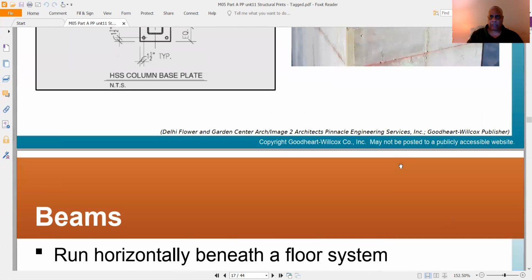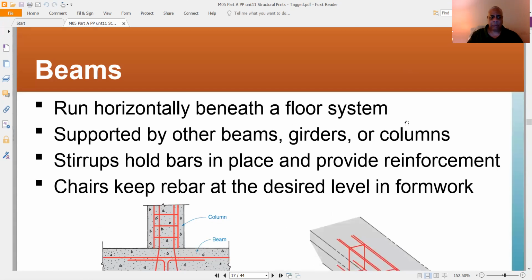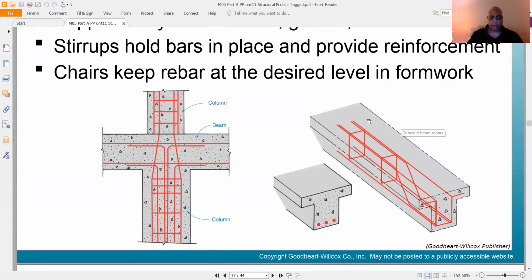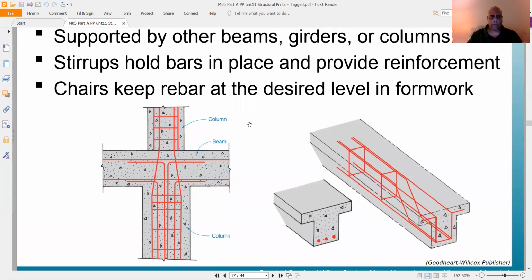Now, stirrups. Let's go back to the column. What you have right around here that are tied in place, these are stirrups. You have them on columns, and you also have them right here on beams. Again, stirrups hold bars in place and they provide extra reinforcement. Now, something that you have to understand too when they're pouring concrete, you have another item called a chair.